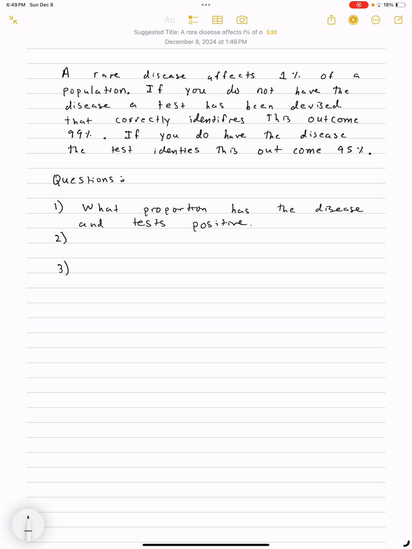The second question is what proportion of the population tests positive just at all?